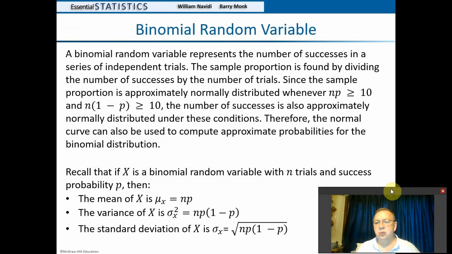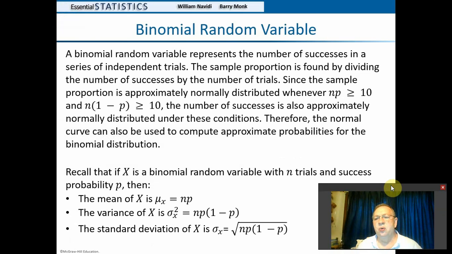So let's go back to what we were talking about of a binomial random variable. A binomial random variable represents the number of successes in a series of independent trials. The sample proportion is found by dividing the number of successes by the number of trials. The sample proportion is approximately normally distributed whenever np is greater than or equal to 10 and n(1 minus p) is greater than or equal to 10.